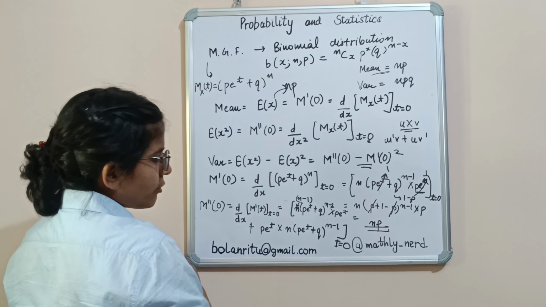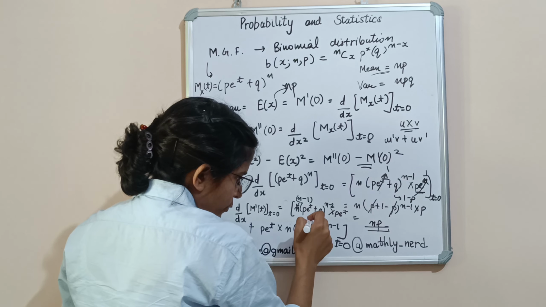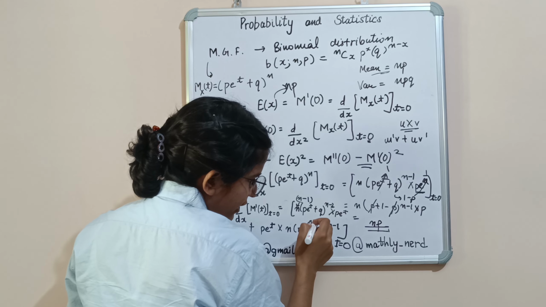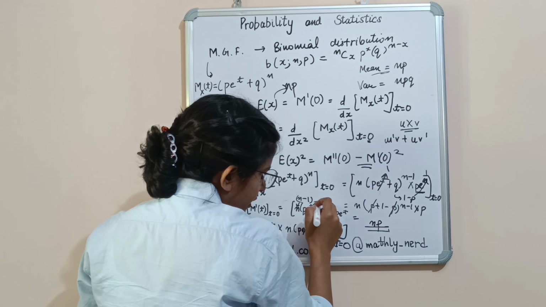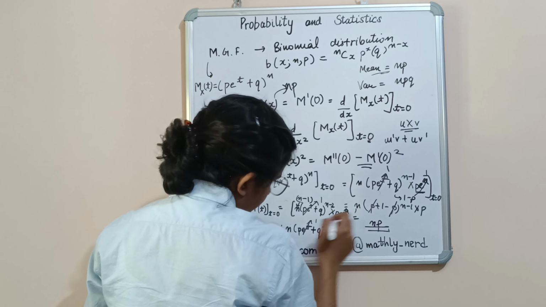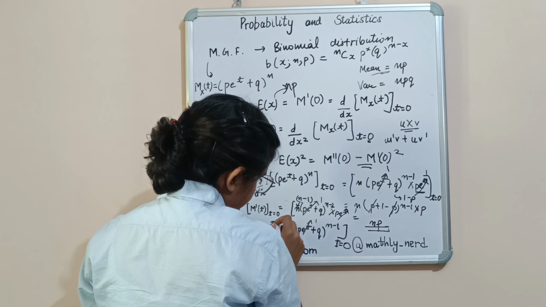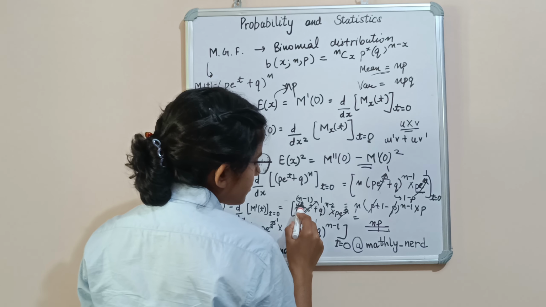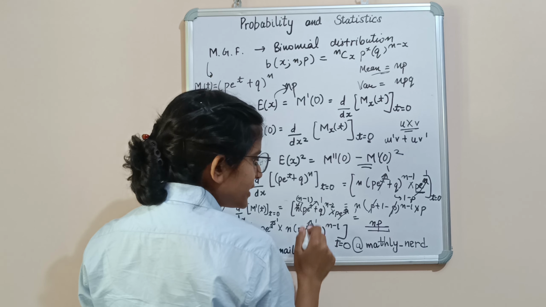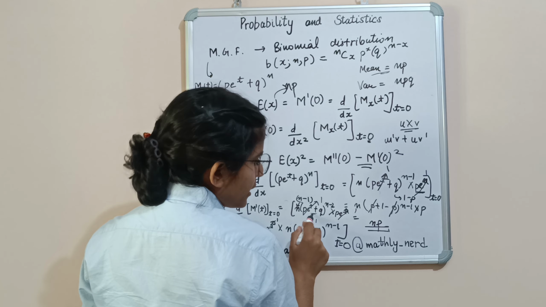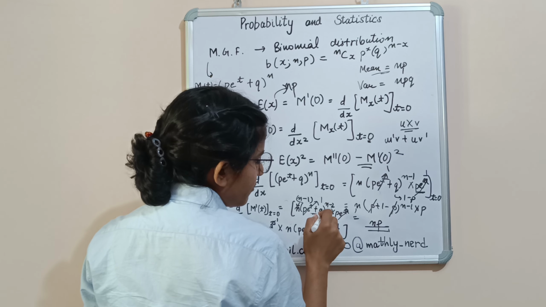Now we will put the value of t equals to 0. So as we know, e^t will be 1. Now this will be n into n minus 1, 1 raised to the power n minus 2. So this will be 1.